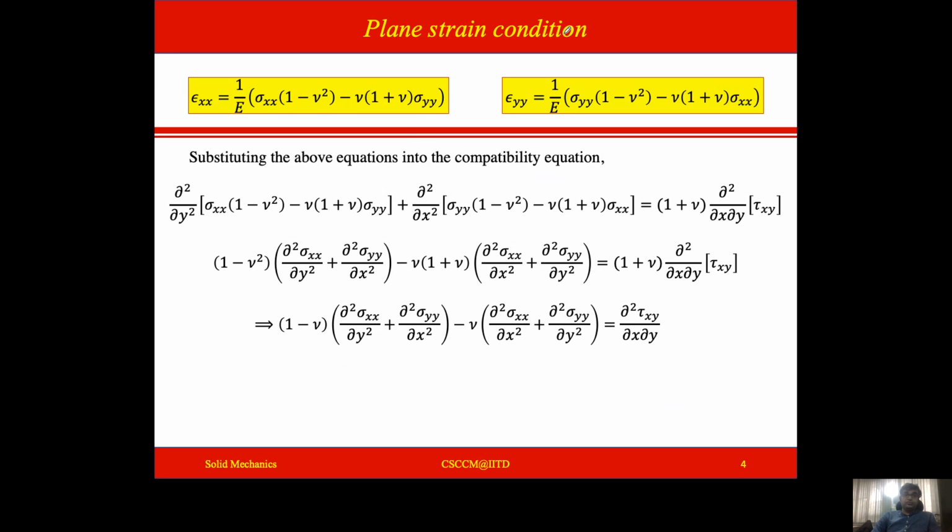It is 1 plus nu, right? So that was wrong. So epsilon xx is equal to 1 by E, then there is 1 minus nu square sigma xx minus nu 1 plus nu sigma yy.